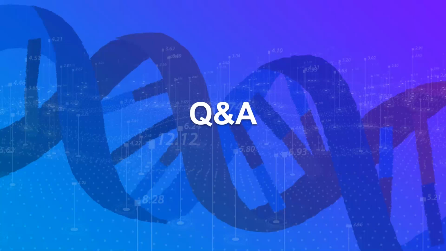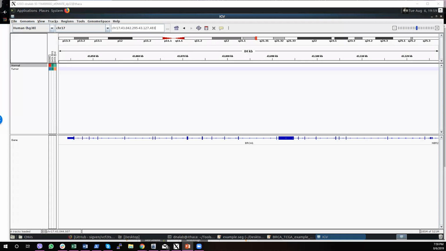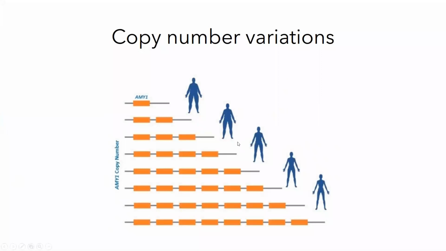Copy number in human genetics is detectable in every genetic disease. I'll show you another example. Okay, let me go to this slide. This is an example of copy number variation as well.